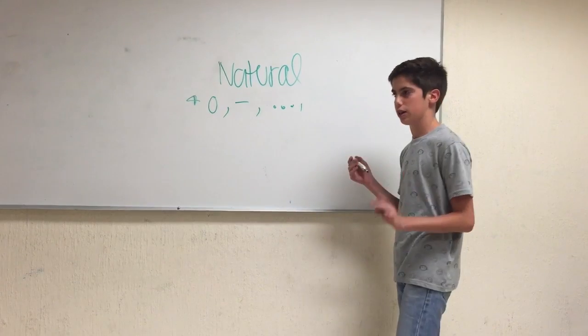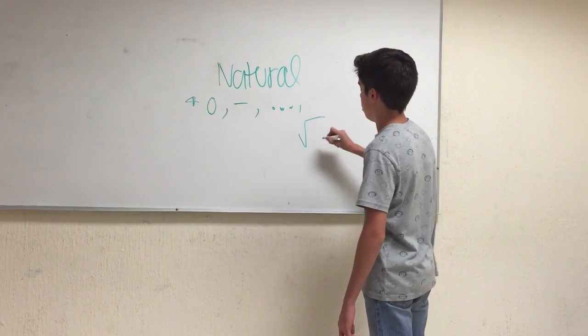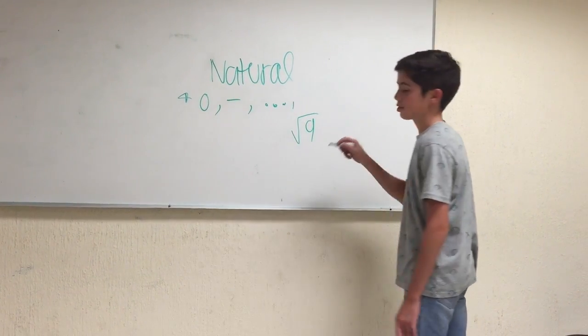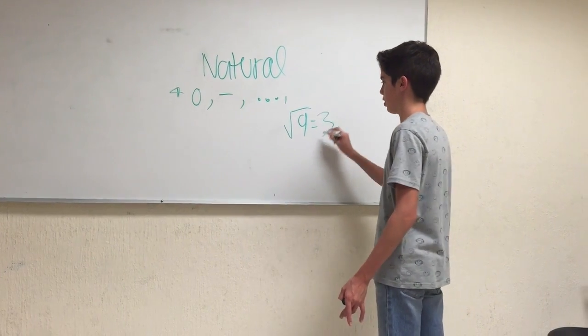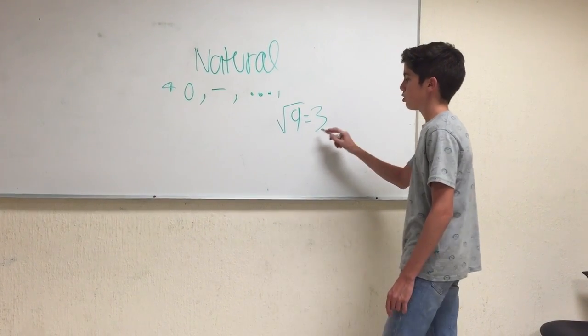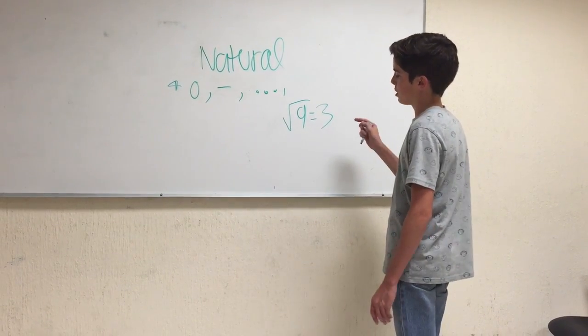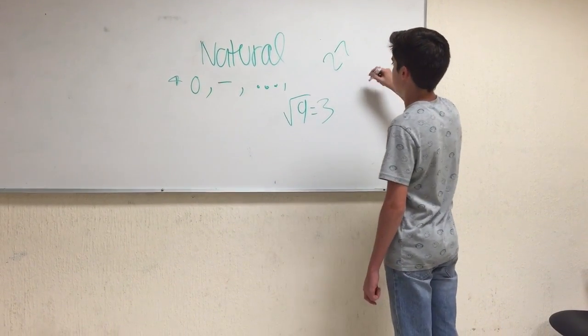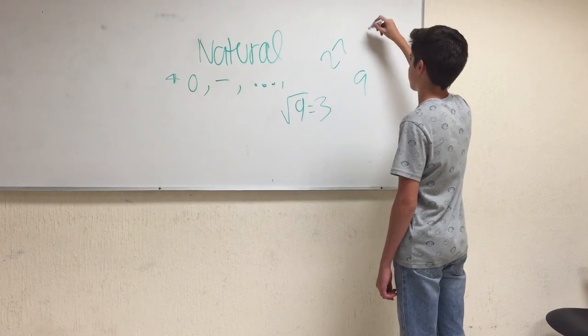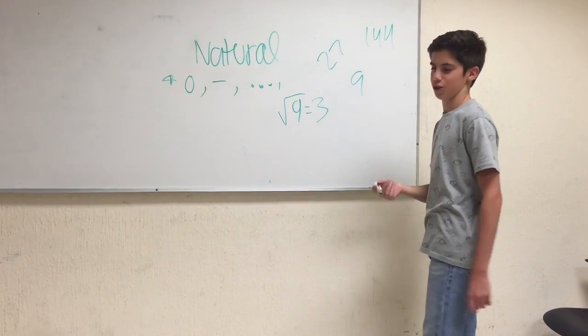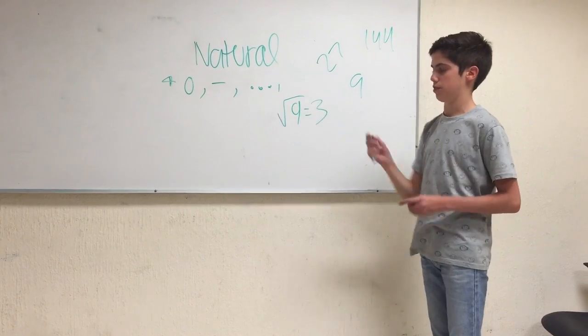So, for example, natural can be the square root of 9, because this would be 3, and 3 does not have any negatives or decimals. After this, it can be 27, 9, 144, like all numbers that don't have any of this.